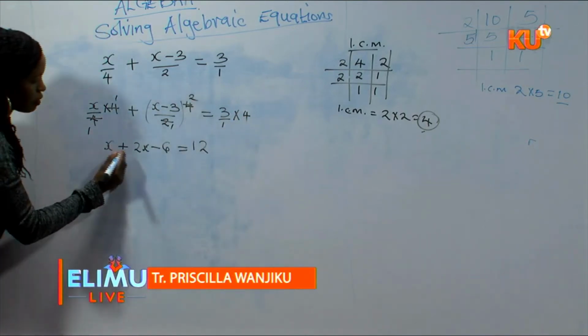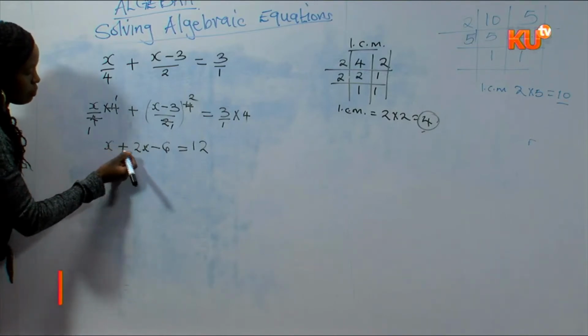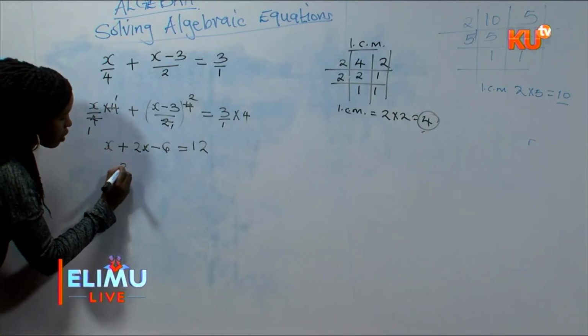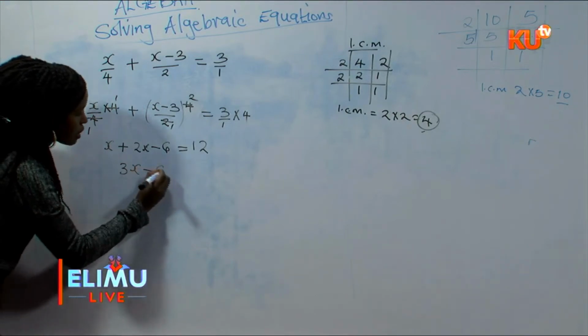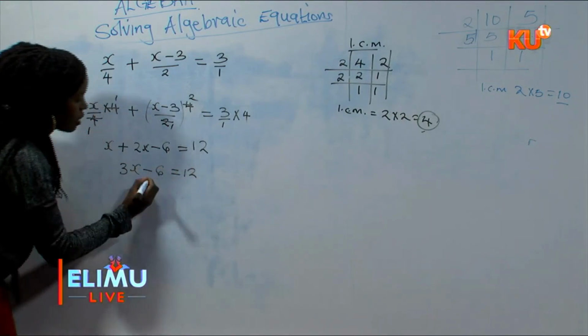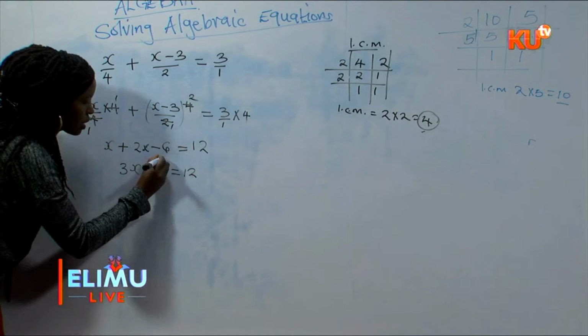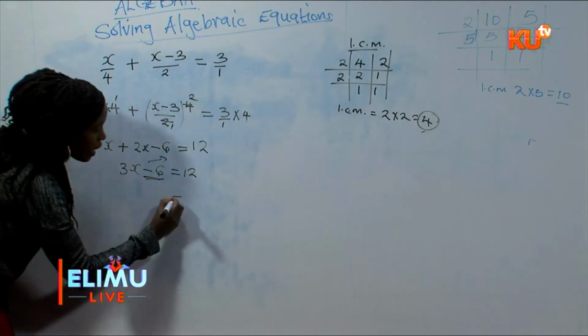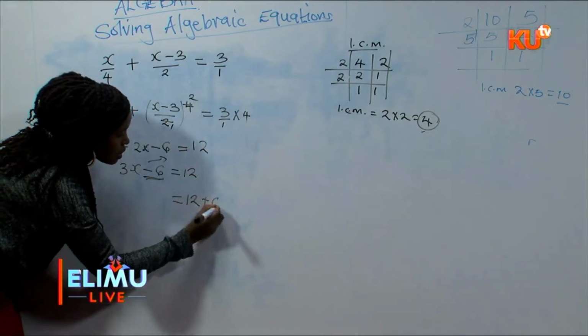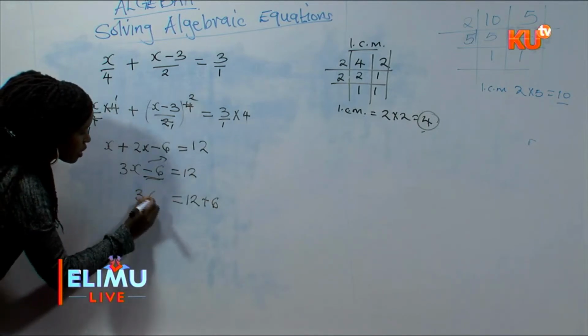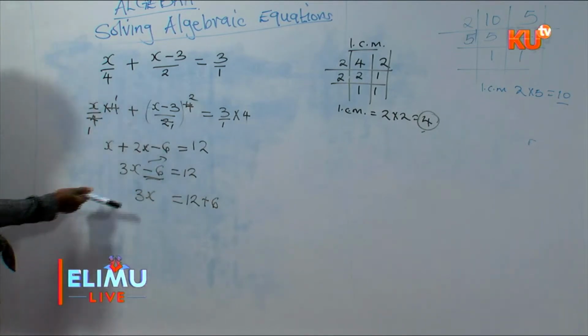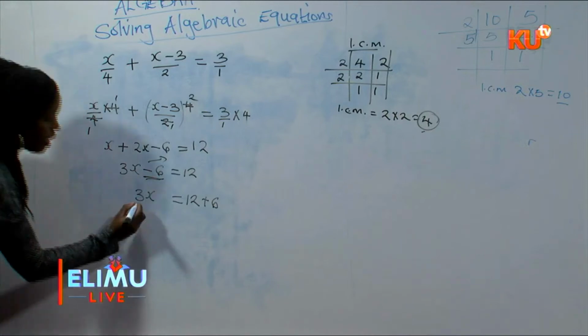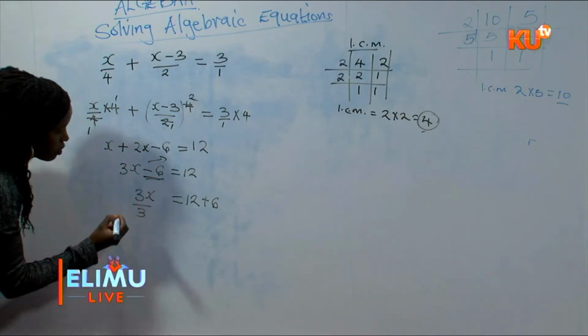From there we can now put the like terms together. X plus 2x, we get 3x minus 6 is equal to 12. I remove this 6 by taking it to the other side. I get 12 plus 6 is equal to 3x. I want to get the value of x, so I divide by 3 on both sides.